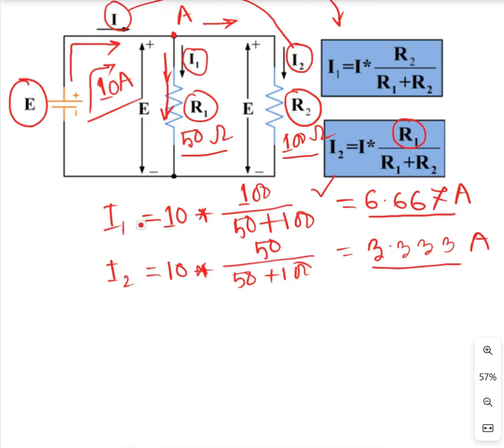And here is another very interesting fact, because of the numbers we have chosen: here is 50 ohms and here is 100, which is double. It means I1 has double the current flow compared to the R2 branch, which is 3.33, and here is 6.667 amps. Hope you understand this example.